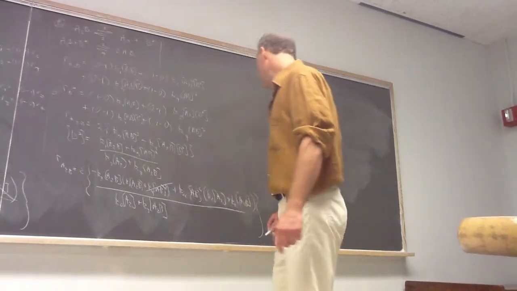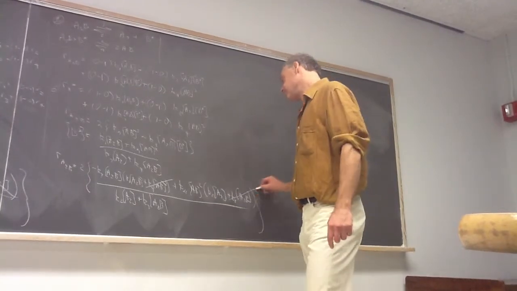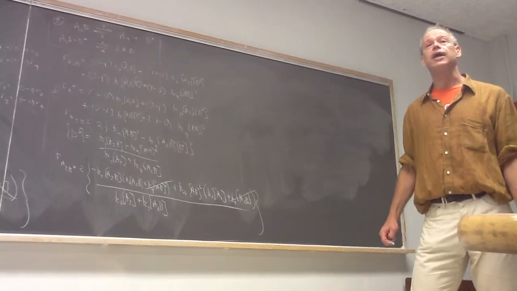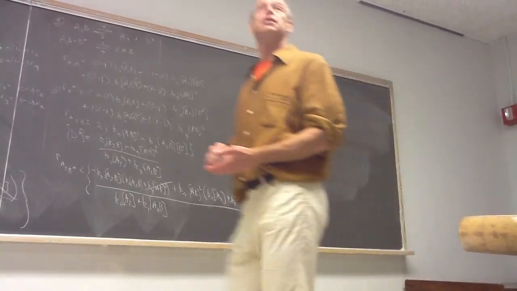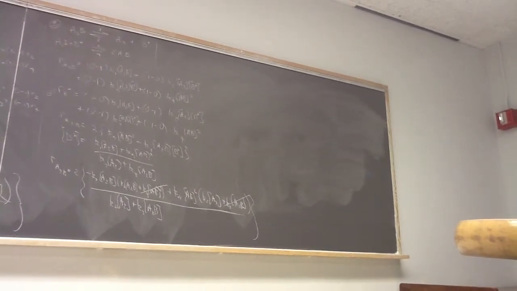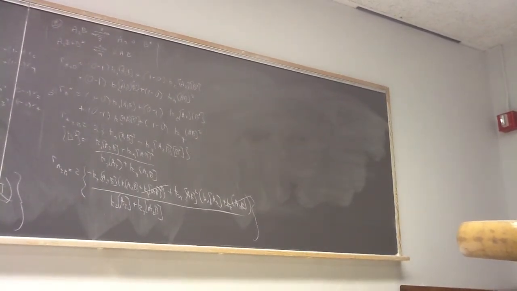In other words, this goes like minus 2 K3, K1 over K2, A2B squared over A2. Well, that indeed is second order in A2B. So that agrees with fact 2.